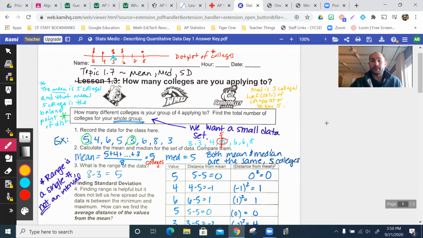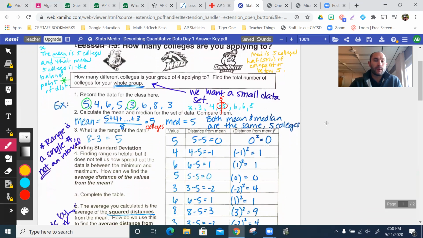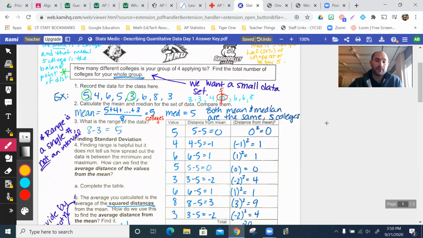So that's our 50th percentile, basically. That's how we interpret the median. Now, these are all measures of center, or of typical occurrences. The mean and median are measures of center, and again, that answers the question of what is typical?